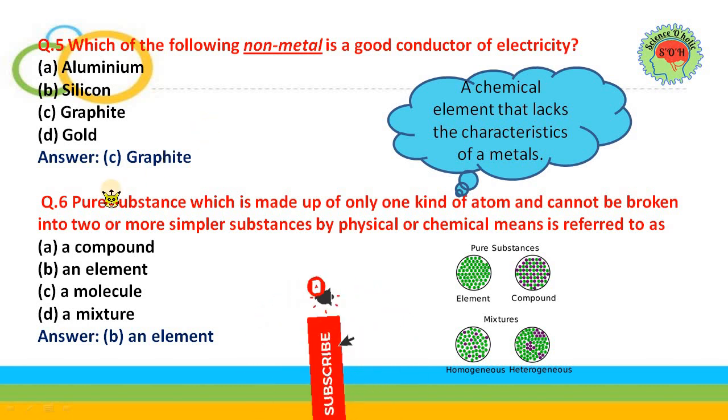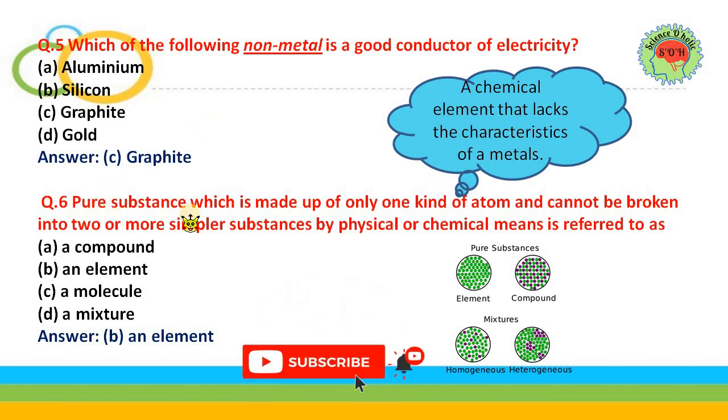Now question number 6. A pure substance which is made up of only one kind of atom and cannot be broken into two or more simpler substances by physical or chemical means is referred to as. Options are A, a compound, B, an element, C, a molecule, and D, a mixture.